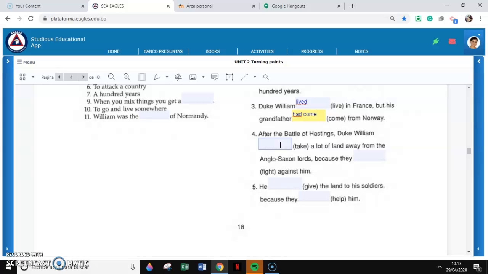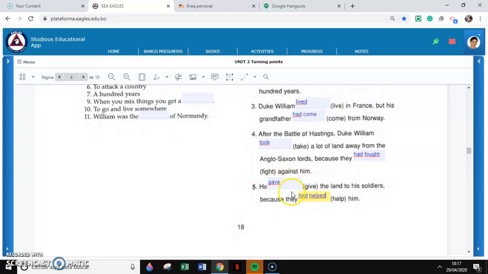After the Battle of Hastings, Duke William took a lot of lands away from the Anglo-Saxon lords because they had fought against him. Number five, he gave the land to his soldiers because they had helped him.